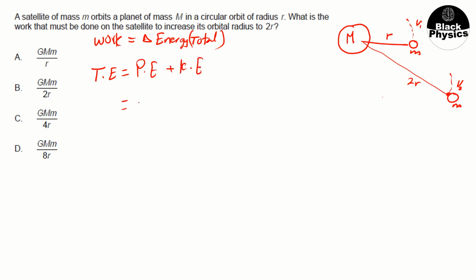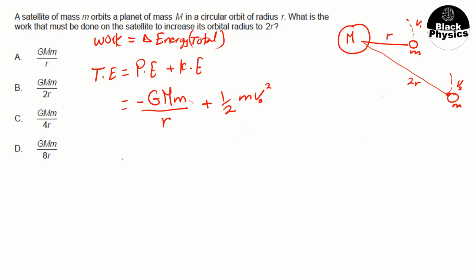Potential energy from the topic 10 equations is negative GMm over R. Why didn't we use the mgh equation from mechanics? Because this is topic 10, and we have the equation as GMm over R. Plus the kinetic energy, which is half mv squared. This one is from mechanics, because we don't have a kinetic energy equation straightforward in the data booklet for topic 10. So here the orbital velocity.